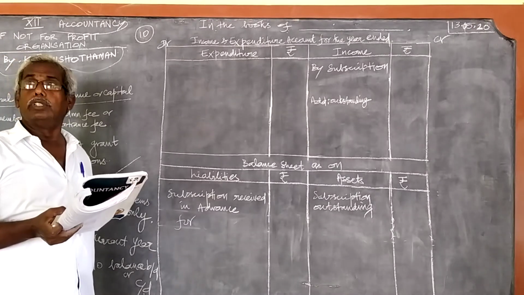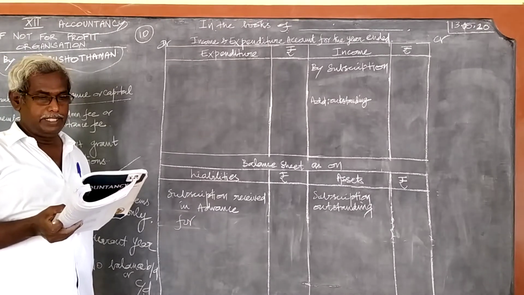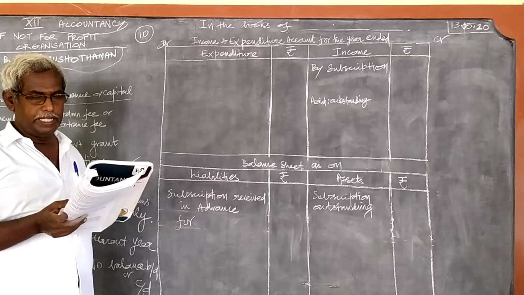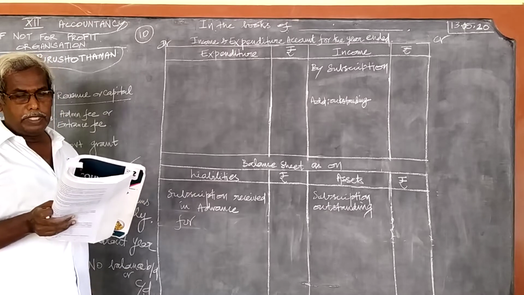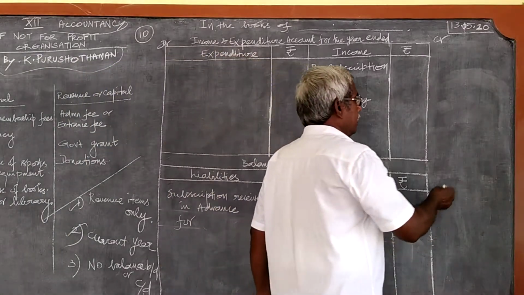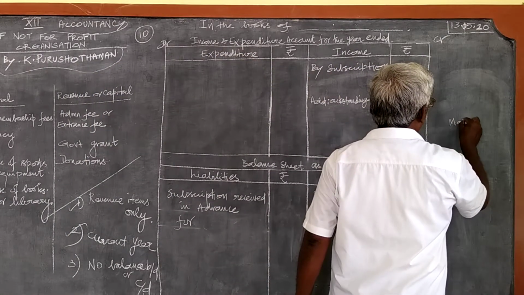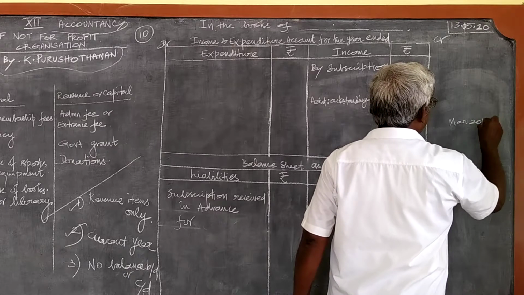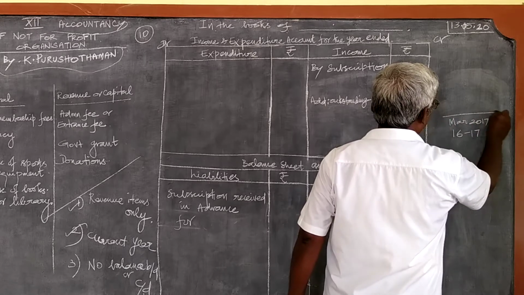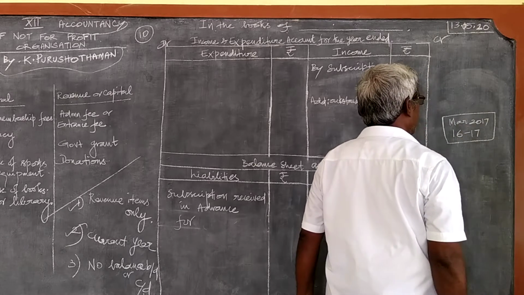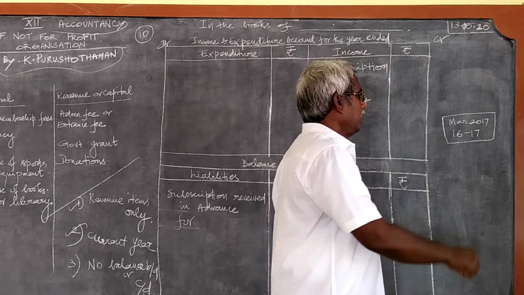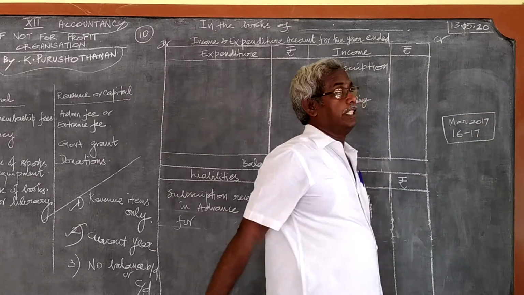Now we shall pass on to problem number 10. How will the following items appear in the final accounts for the year ending March 2017? The account is closed in March 2017, so the accounting year is 16-17, because only if the accounting year begins in April 2016 will it end in March 2017.